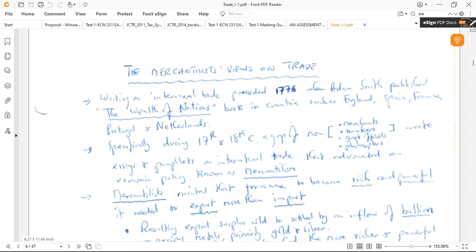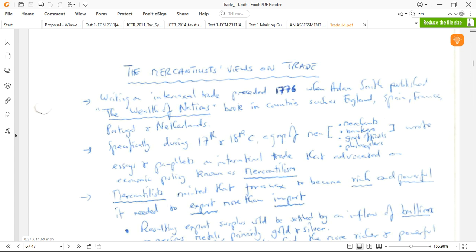Okay, so now let's go back to history and try to understand what history tells us about trade. So the first group of thinkers, not us the copy and paste people, were the mercantilists, right? According to them, trade is not mutual.